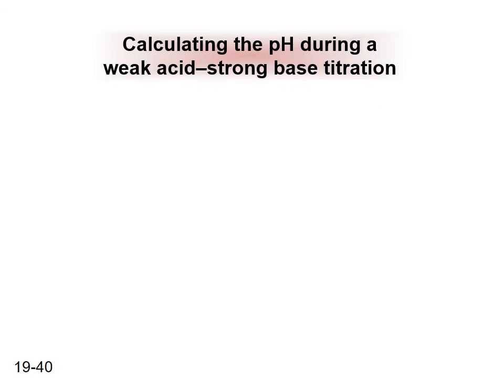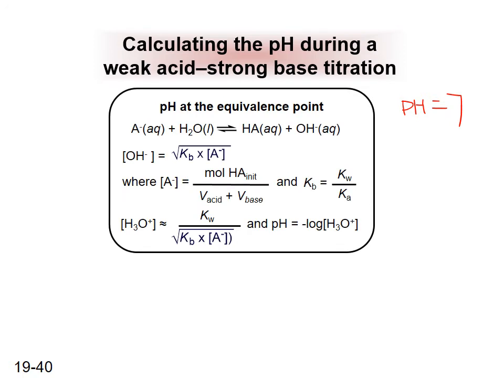How do you calculate the pH value at the equivalence point? Well, if it's a strong acid, strong base titration, pH is 7, and no calculation is necessary. But for a weak acid, strong base titration, the calculation is much more complicated at the equivalence point.